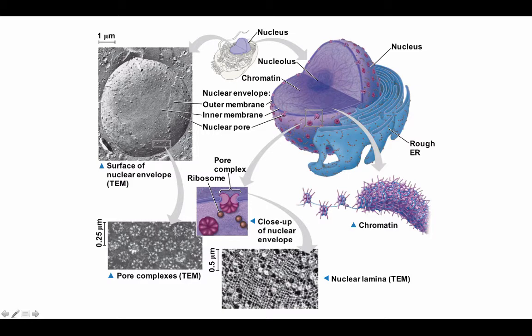Here's a close-up of that nuclear lamina, this meshwork cytoskeletal structure that's going to maintain the structure of the nucleus. And here we have the chromatin, which has the DNA molecule coiled around these proteins that keep the chromatin somewhat structured within the nucleus.